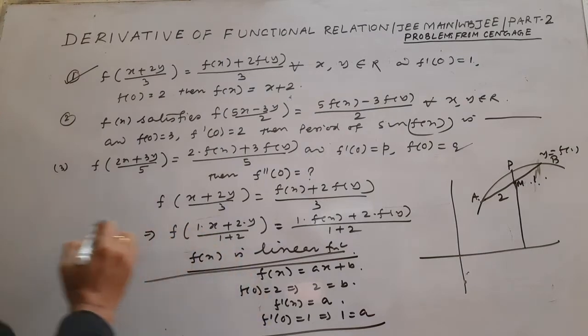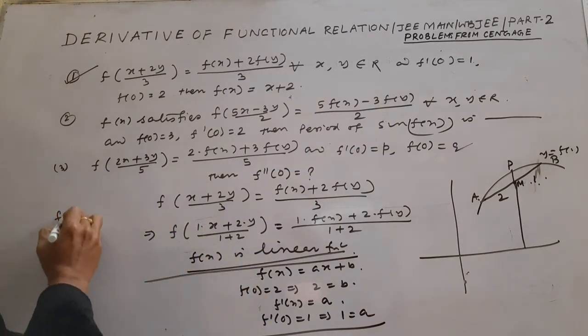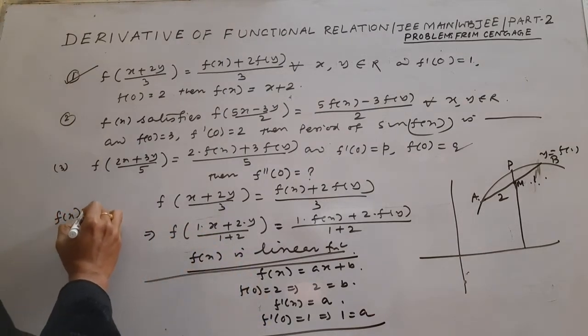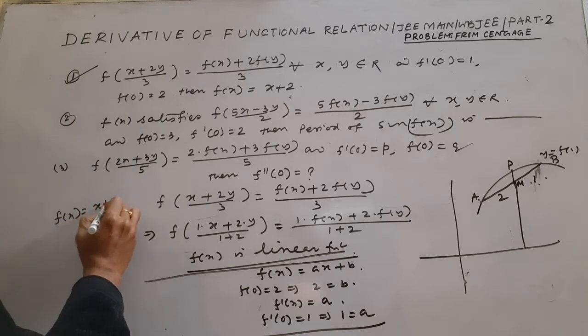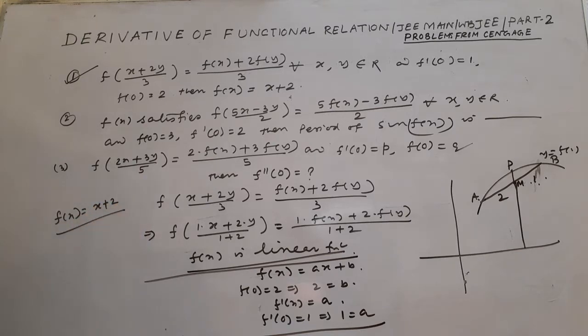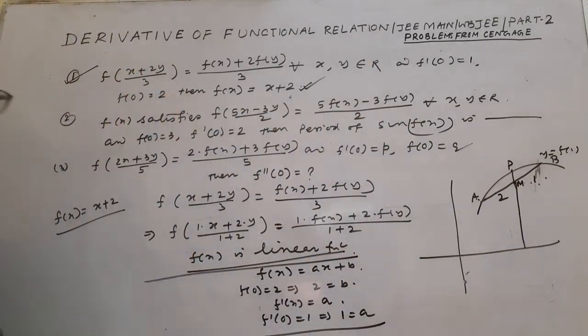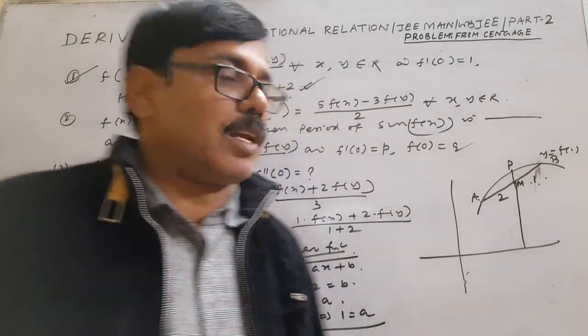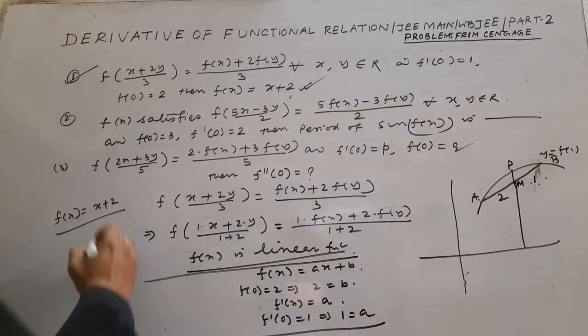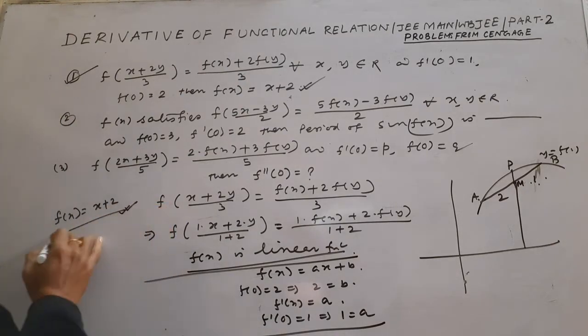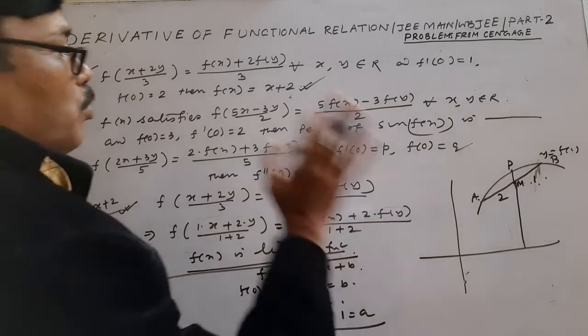So we are getting a and b. So what is f(x)? f(x) = x + 2. So this is an application of the previous result. We can write f(x) directly: if f(x) is a linear function, then use the conditions.